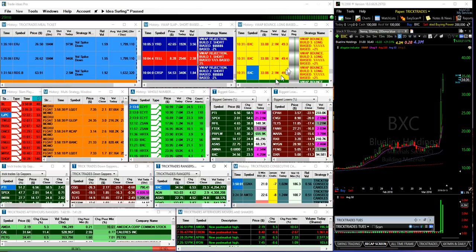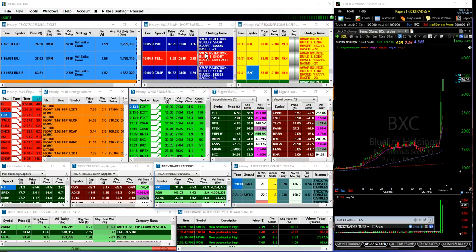Same with the VWAP Bounce. Some people may think that these are just basic cookie cutter scans that alert you to when a stock is on the VWAP. No, no, not even close. Okay, not even close.